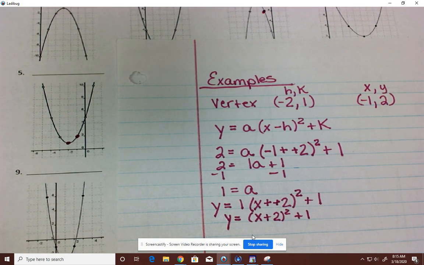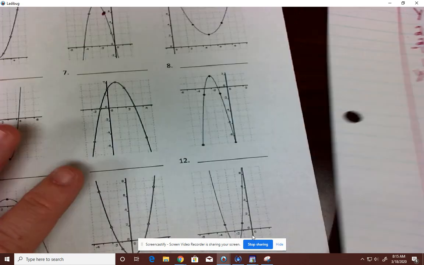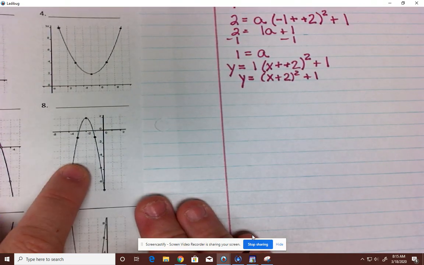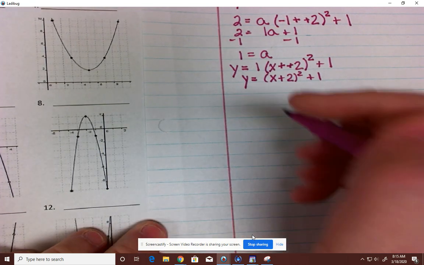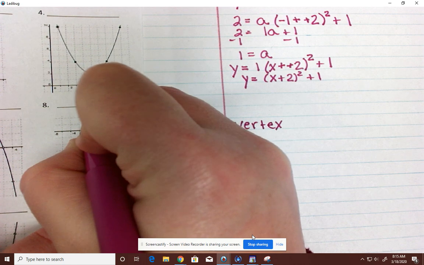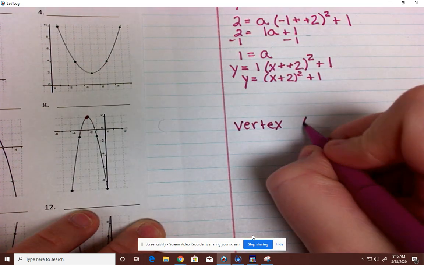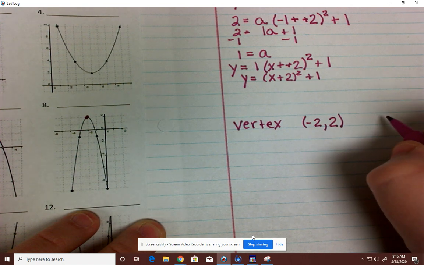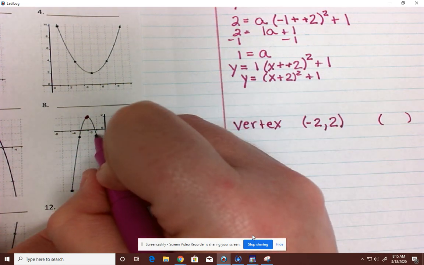All right, let's look at another example. So now we're going to go through this one. So again, the first thing I do is identify the vertex. That's at -2, 2. Identify a point. So maybe I'll use this one.